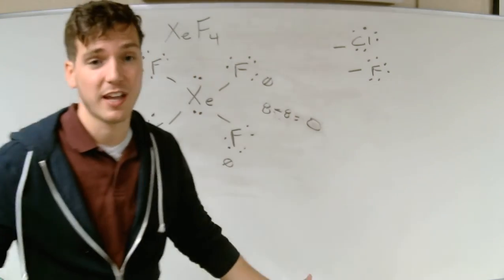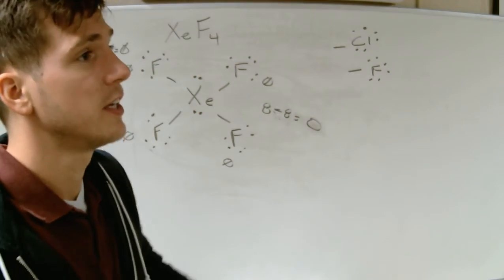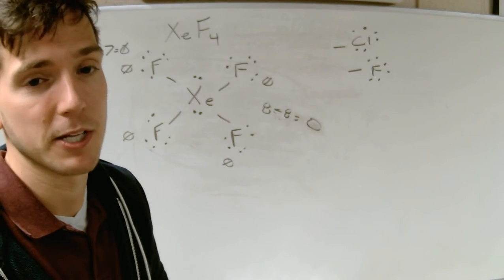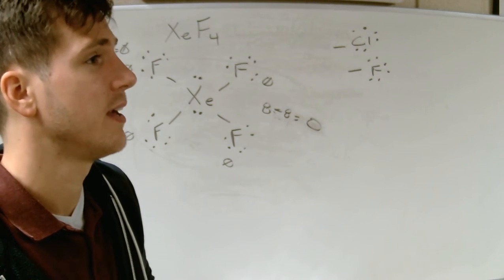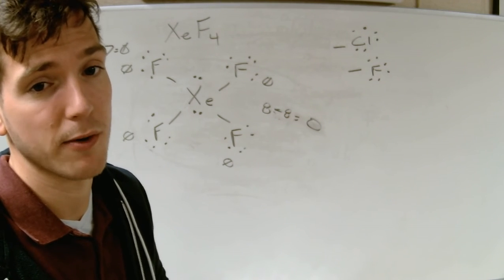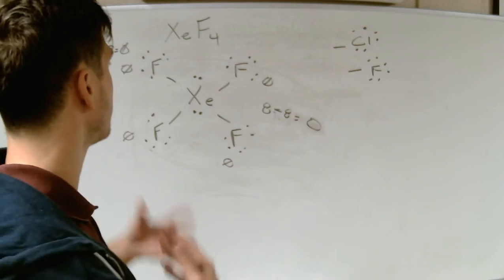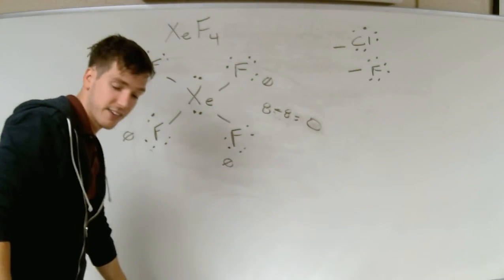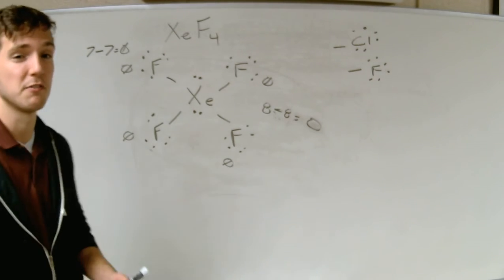It's usually on the outside with a single bond for the most part. Carbon, nitrogen, oxygen follow the octet rule. Everything else is pretty much up for grabs. I would want to put sulfur in that octet rule, but it does disobey that rule sometimes too. So this is formal charges. I'm going to leave you with one challenge that is kind of interesting if you could figure it out.